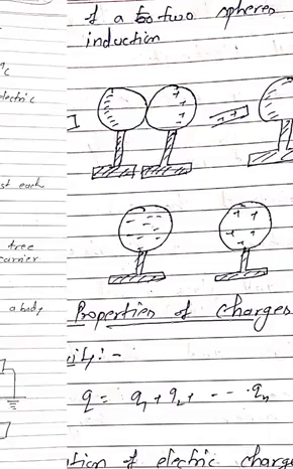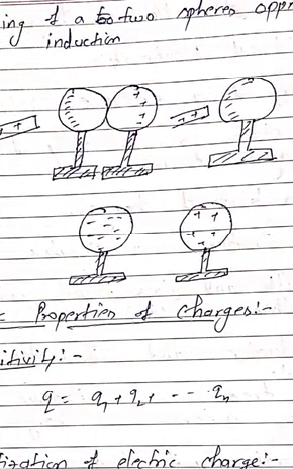And after that, in the third step, we will slowly remove the positive rod that we brought there, and we will see that the two spheres have now become negatively and positively charged simultaneously. This is how we can do the simultaneous charging of two conductors with opposite polarity. One is negative, one positive.